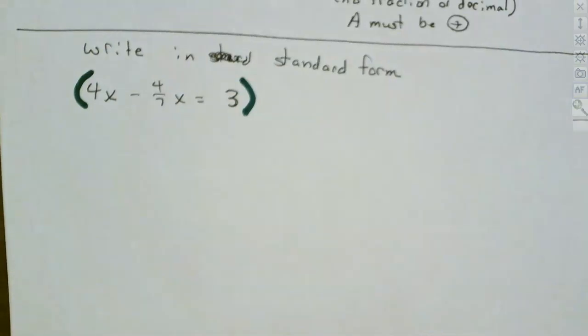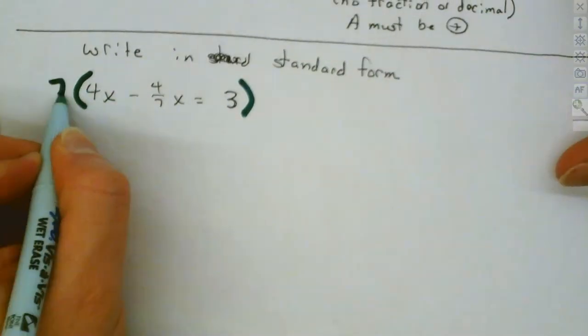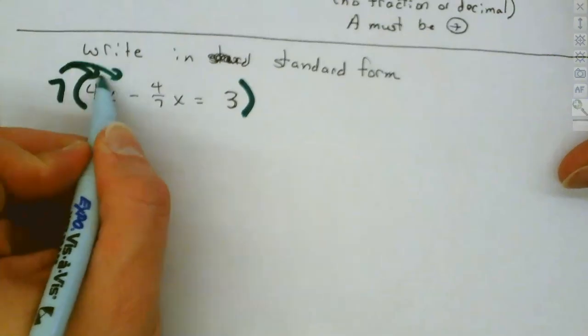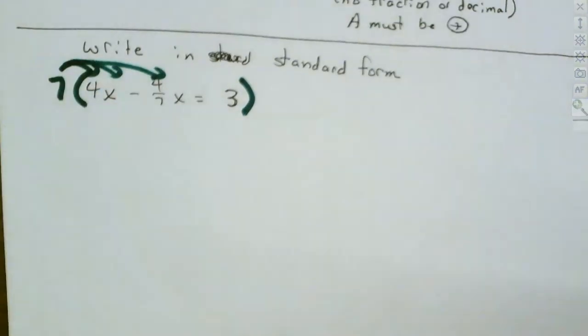If I want to clear that out, what's my denominator? My denominator is a 7, right? So I've got to multiply all of this by what? 7. So we're going to multiply all of this by 7. And that's going to take care of our fractions, and then we'll see if it's in standard form.